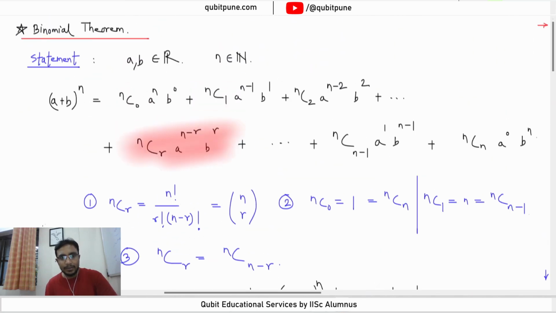Right, LHS will be 2 raised to n. On RHS, because A and B are both 1, it doesn't matter what powers are there for A and B. So NC0 plus NC1 plus NC2 and so on till NCn becomes equal to 2 raised to n. Is that clear?